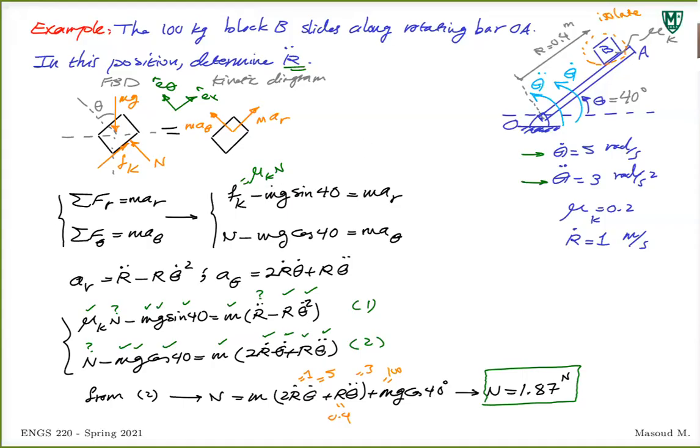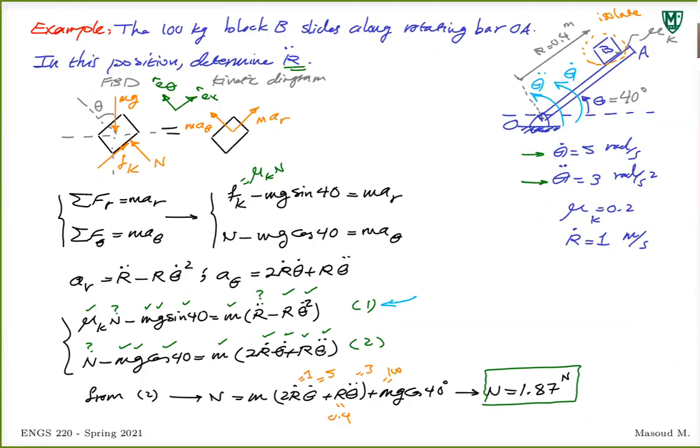Knowing N, you can actually find r double dot, right? You just move things around in this equation. The only unknown left here is r double dot. N you know the value for. If you move things around, N becomes m r double dot plus mg sine 40 divided by mu k.